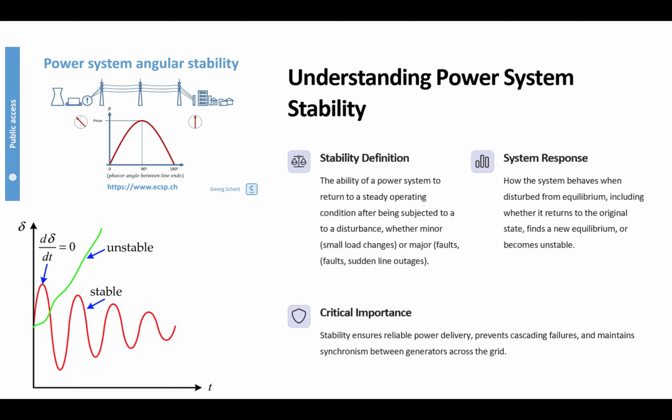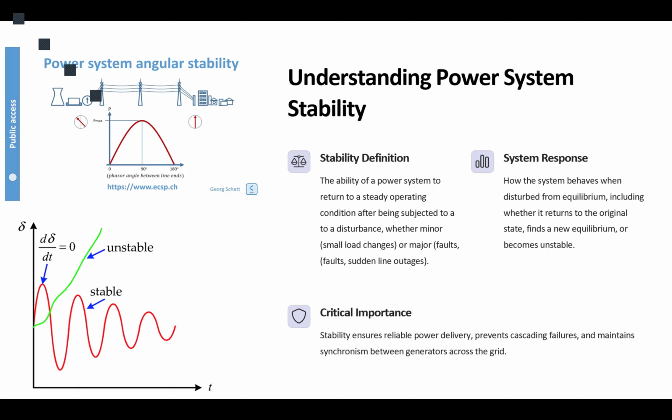Now, there is one other definition that sometimes gets confused with the stability criteria and the stability definition, and it's the system response. Okay, we already talked about the definition of stability, but what is the system response?